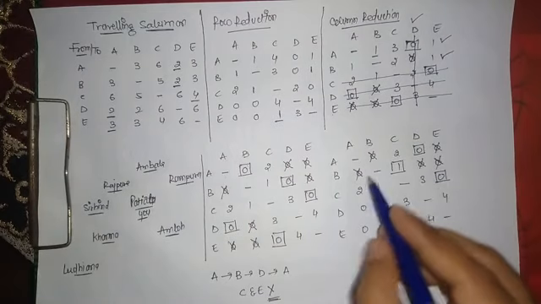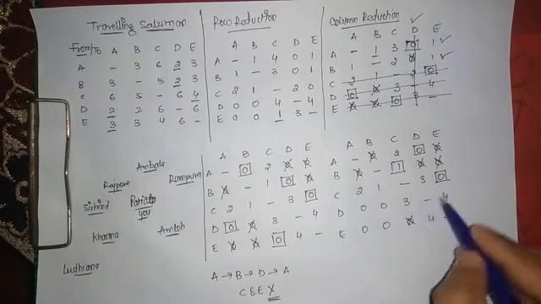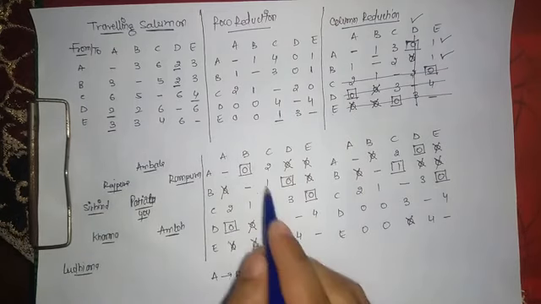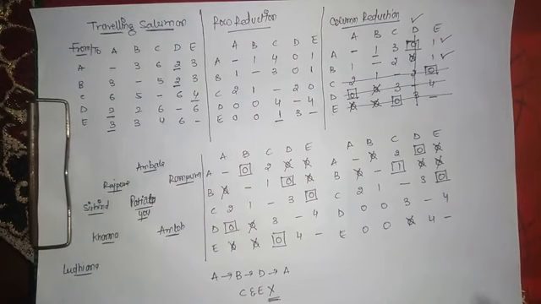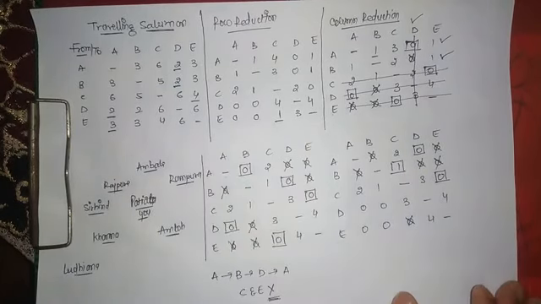Now you can see that in the first row, first column, second row, second column, third row, third column, fourth row, fourth column, we have double zeros in each and every one. What I said earlier was first from the left or first from the top. But whenever we are making an assignment in case of the traveling salesman, you will have to use a little bit of common sense.